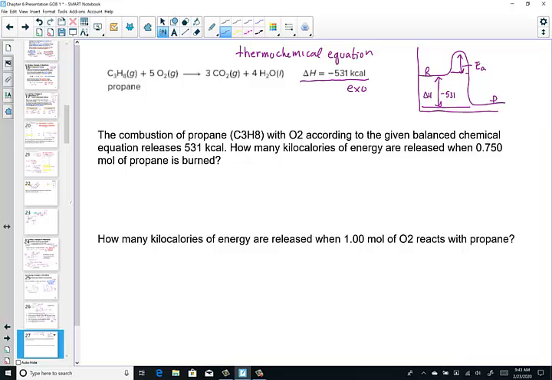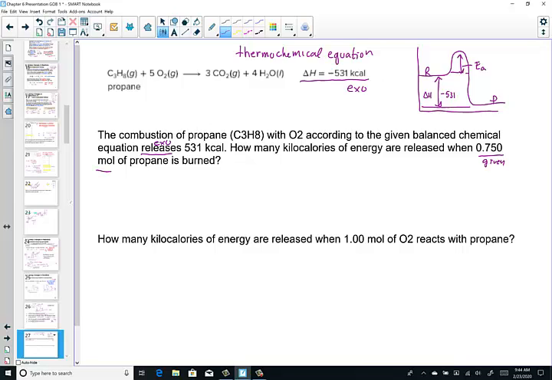The combustion of propane, C3H8, with oxygen occurs with the balanced chemical equation, and it releases 531 kcals of energy. How many kilocalories of energy are released when 0.75 moles of propane are burned? Well, this is a conversion. So this is our given amount.